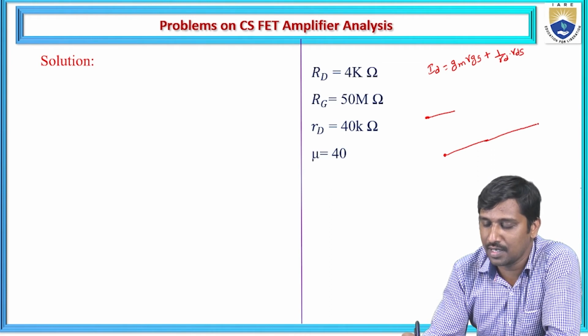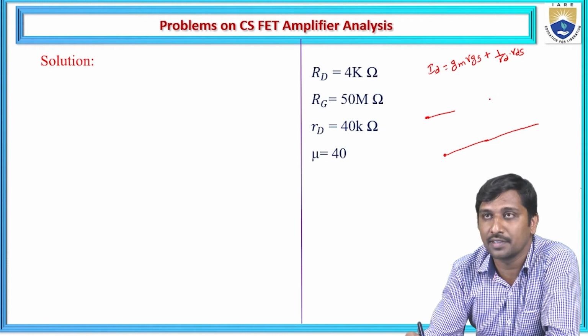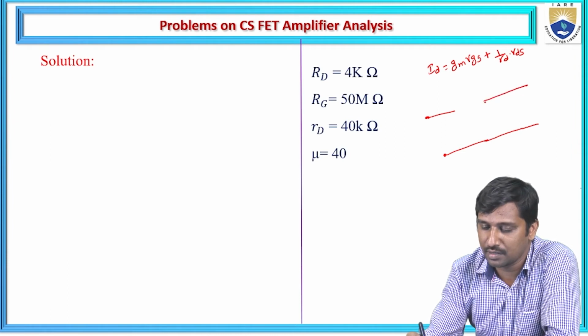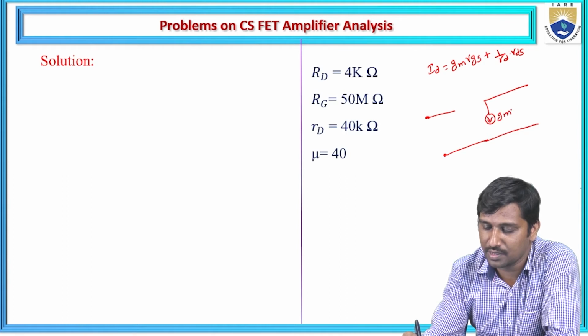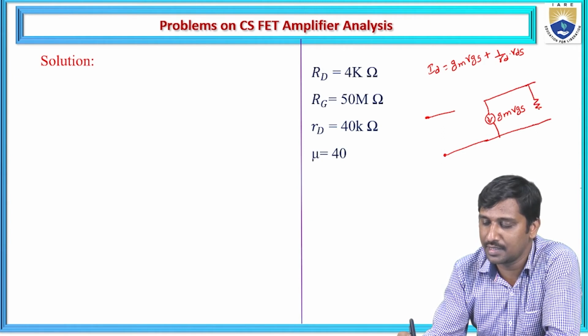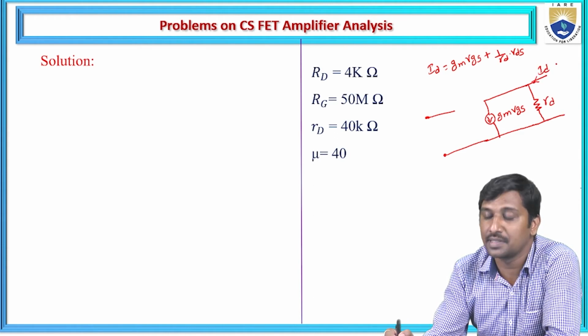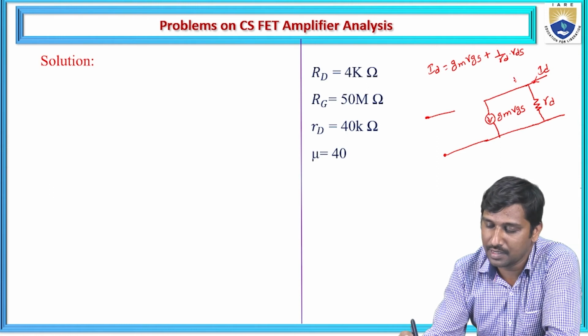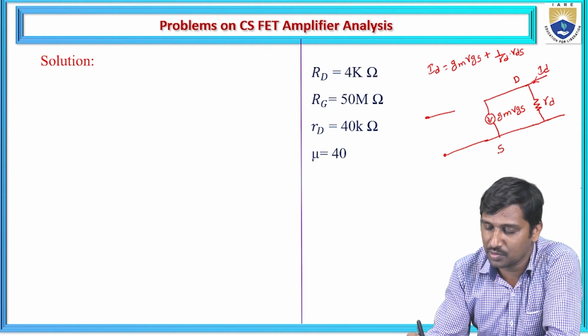In the small signal model, the current source is represented as gm into vgs, and the internal drain resistance is represented as small rd, and it carries the drain current id. Let's take this as the drain terminal and the source terminal.